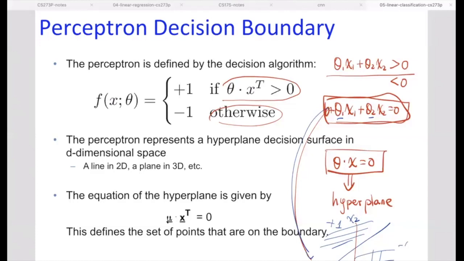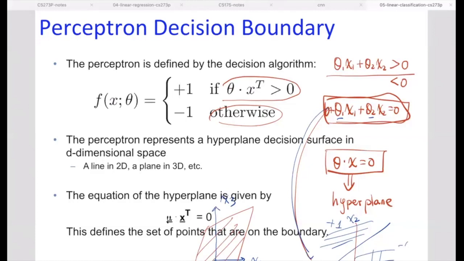Now think about it in a 3-dimensional space. Suppose you have 3 features, x1, x2, and x3. In that case, the decision boundary will look like a plane. For all the data points above the plane, you label with one class, and below the plane, you label with the second class.